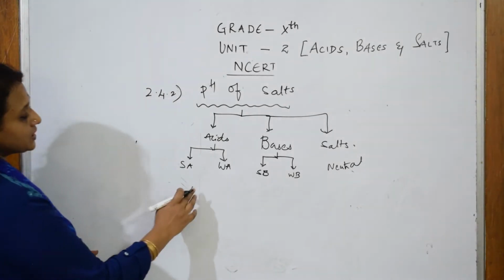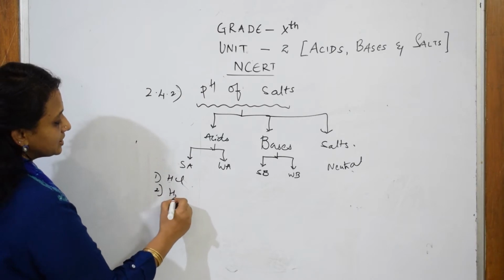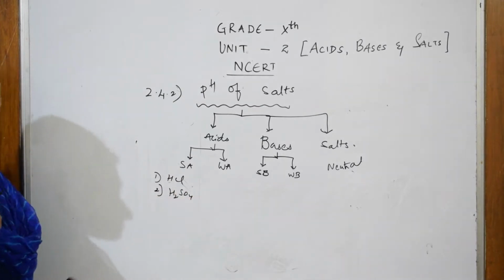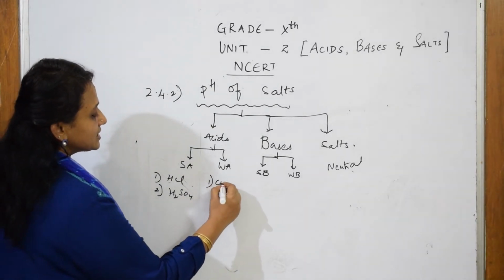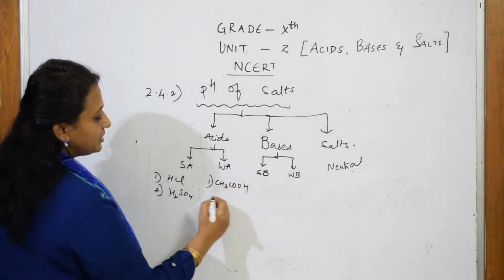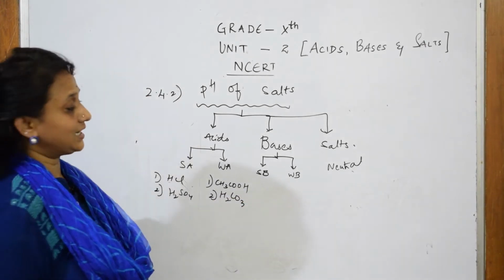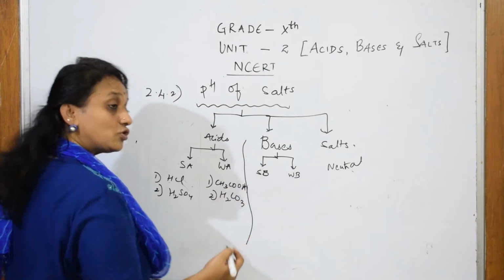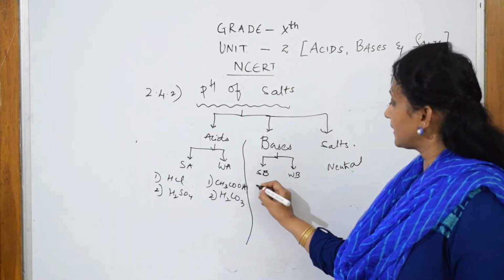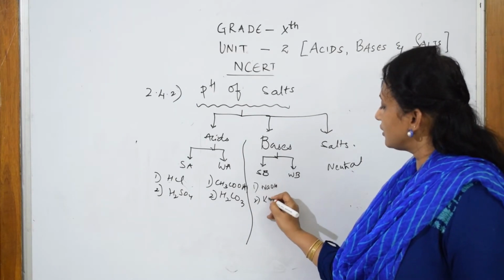If I have to speak about strong acid, an example is HCl. Another strong acid example is H2SO4. Simple things I'm giving you, so that it's easy for you to remember. Weak acid examples are acetic acid and carbonic acid, H2CO3. Strong base examples are sodium hydroxide and potassium hydroxide.